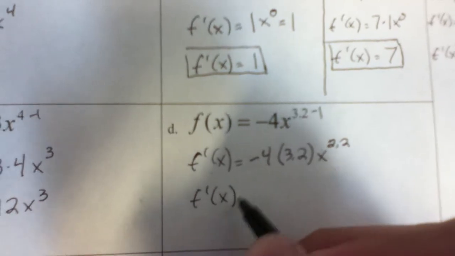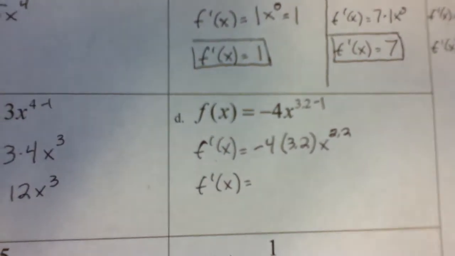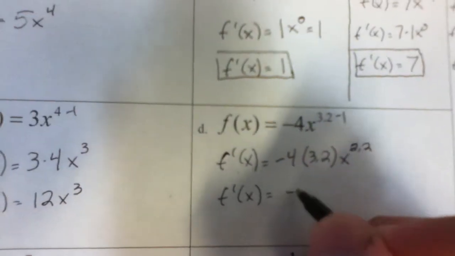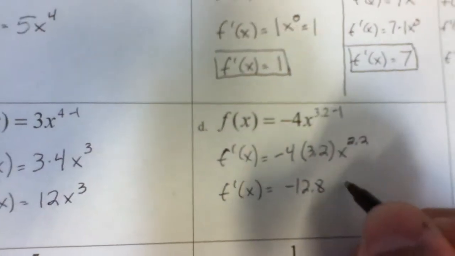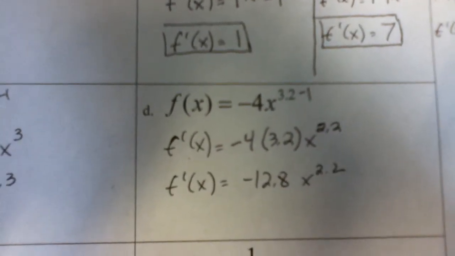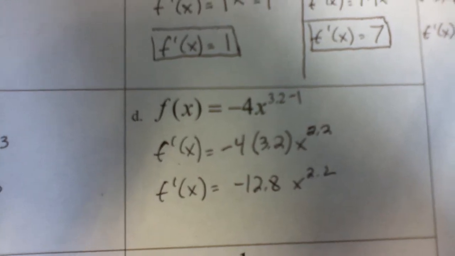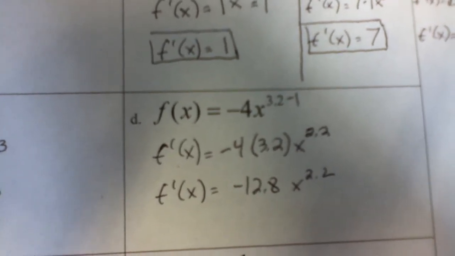Fractions, decimals, all done the same way. And then negative 4 times 3.2 is negative 12.8x to the 2.2. Every problem has been consistent. Exponent goes to the front, subtract 1. If there's a number in front, you multiply.